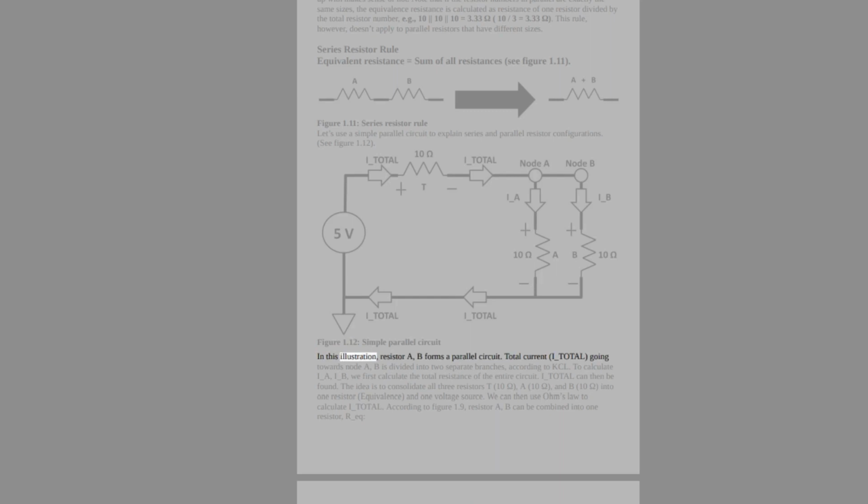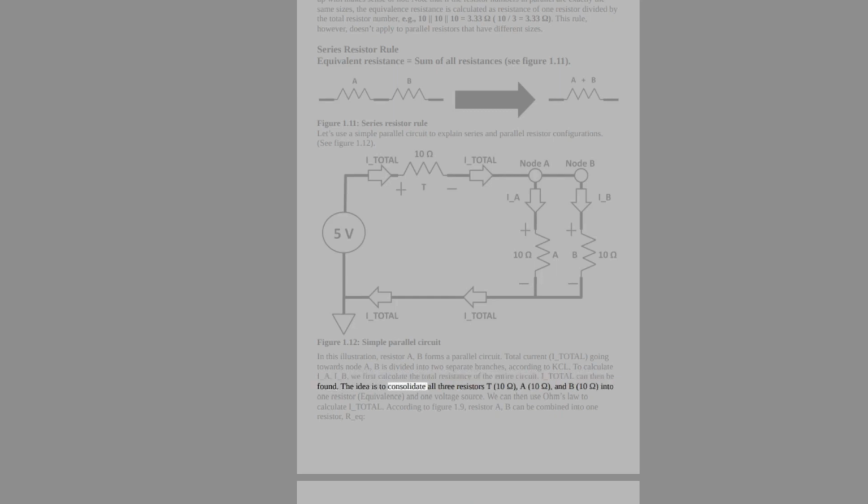In this illustration, resistors A and B form a parallel circuit. The total current, I_total, going towards node AB is divided into two separate branches, according to KCL. To calculate I_A and I_B, we first calculate the total resistance of the entire circuit. I_total can then be found.